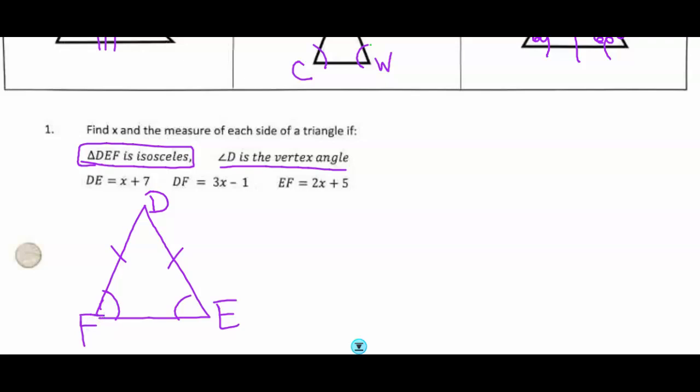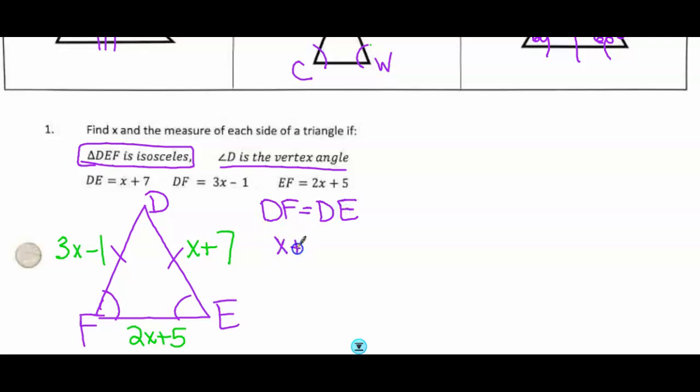We know that DE is x plus 7. We know that DF is 3x minus 1, and EF is 2x plus 5. Well, because we know this is isosceles, we know that DF has to equal DE, and we are given their measures.